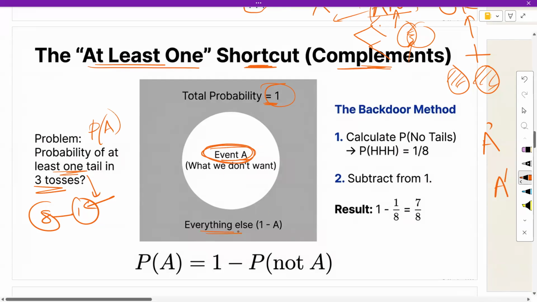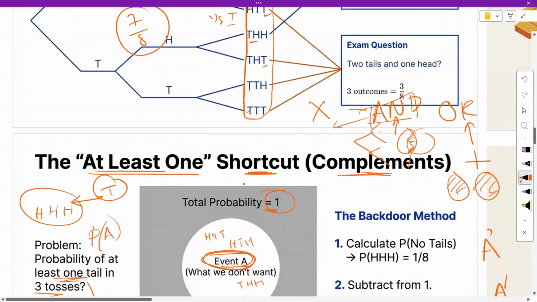And what is everything else? H, H, H. Only this event is without at least one single tail. So when we draw this, how can we write it? H, H, T, H, T, H, T, H, H, and so on.